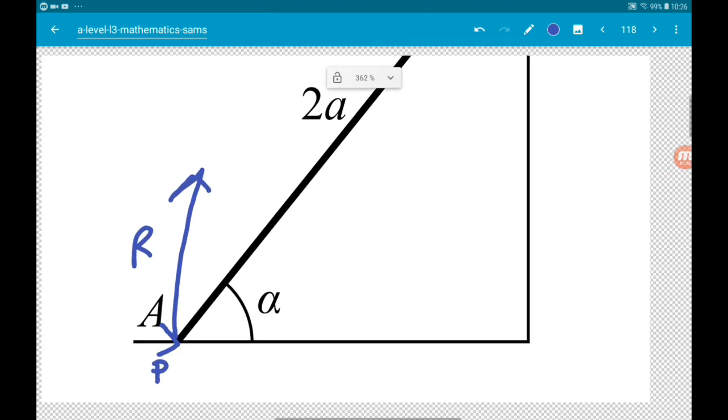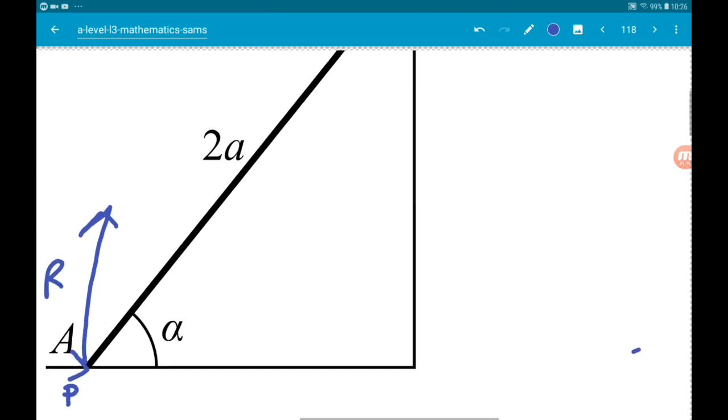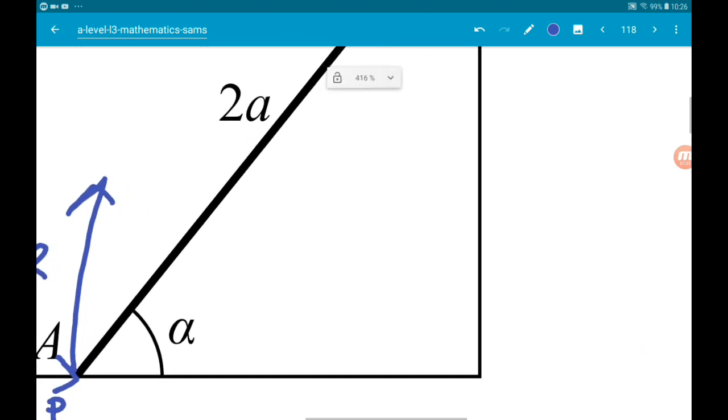Now, we need to be very careful as well because we were given the weight of the ladder, not the mass. So there's no G involved here because the weight is W. Now the weight of an object works down through its centre, so the weight of the ladder is going to be working down along the ladder.